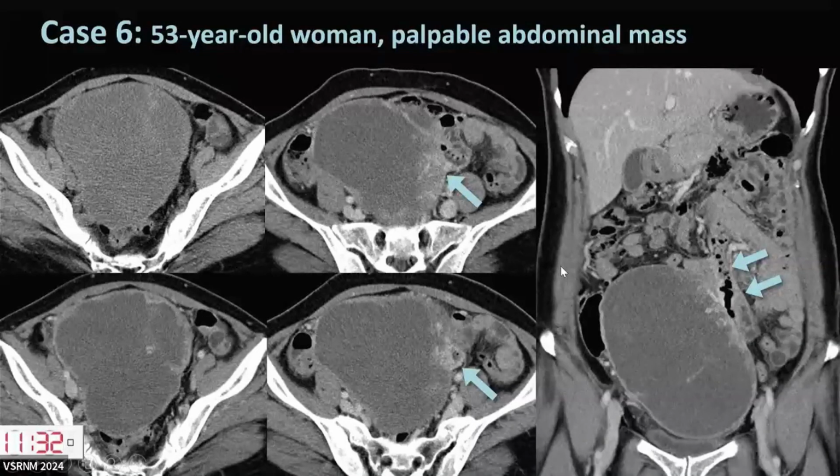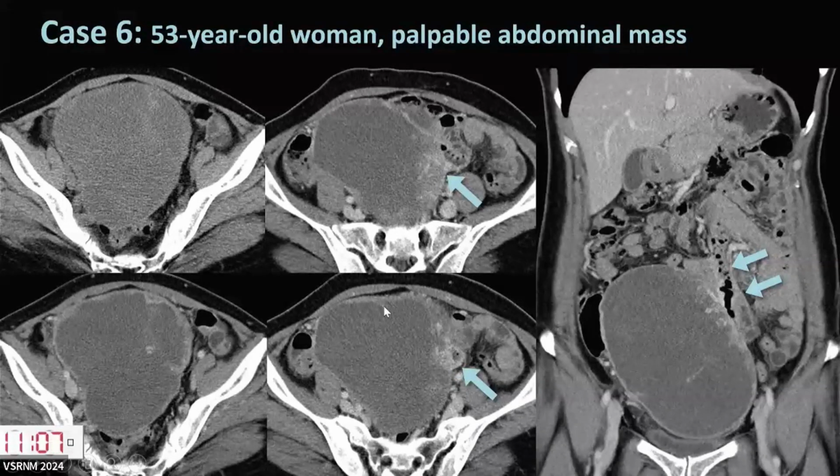And then here is the next case. 53-year-old woman with a palpable abdominal mass, and she received this CT scan. So this is the pre-contrast image, and this is the post-contrast venous phase image. And the tumor is very large with hypoenhancement.